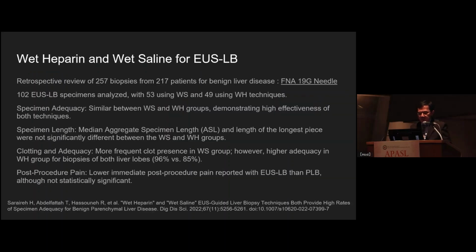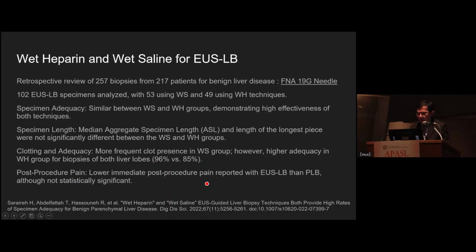And how about wet heparin versus wet saline? This is a retrospective review, and they found that the specimen adequacy is similar between both groups, and the median specimen length and length of the longest piece were not significantly different, but clotting is more frequent in the wet saline group, and there is higher adequacy in the wet heparin group for biopsy from both liver lobes.